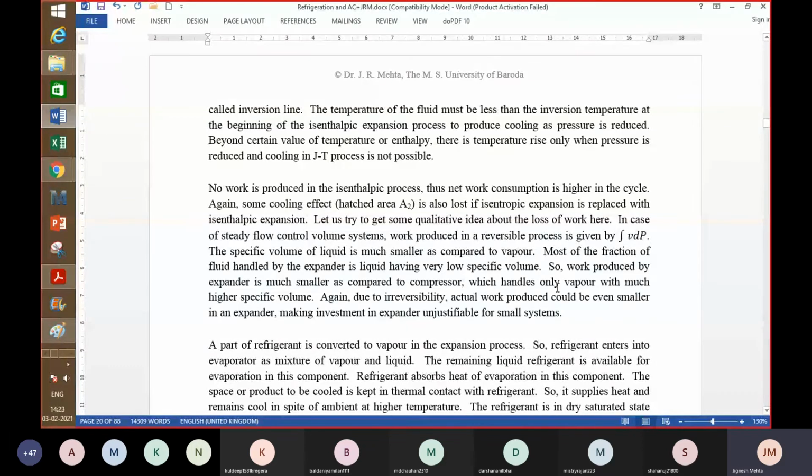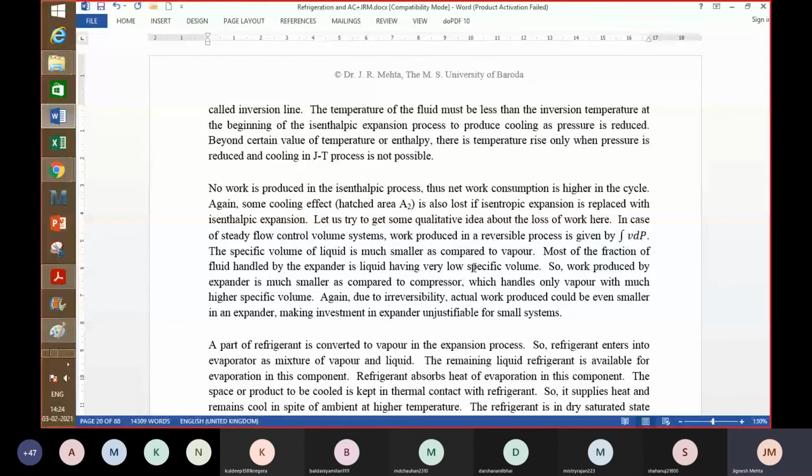Now you can see that dP is of course important, but this term specific volume is also there here, right? Now when you are talking about the expander, the large part of the fluid that it is handling is liquid, because it starts from saturated liquid and then some part of it gets converted into vapor, but still large part is still liquid.